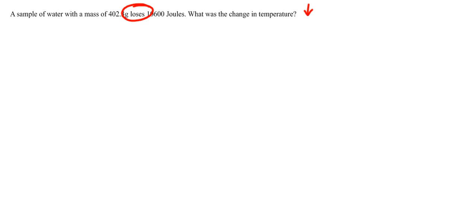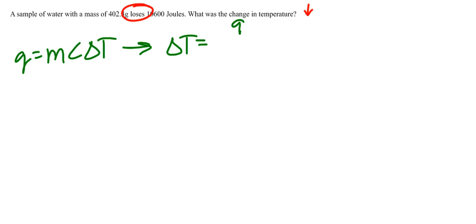So I do have a change in temperature, obviously, because I'm solving for it. But Q equals mc delta T. If I rearrange, delta T equals Q over mc. Okay, well, my Q is 10,600 joules. Now, here's the thing.